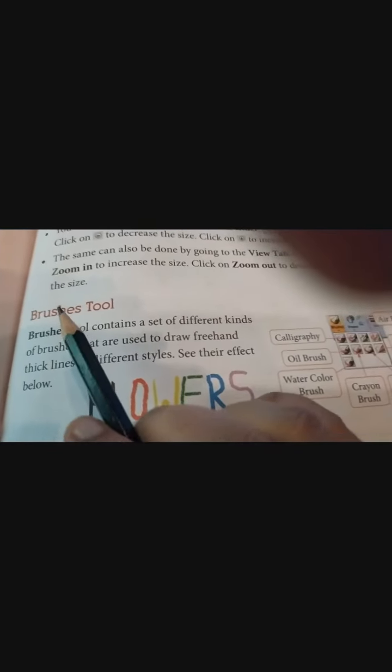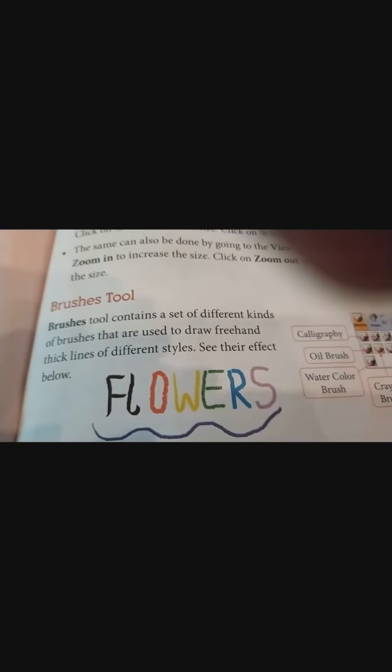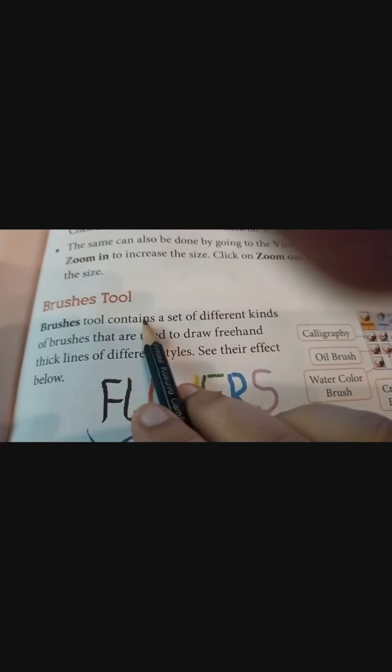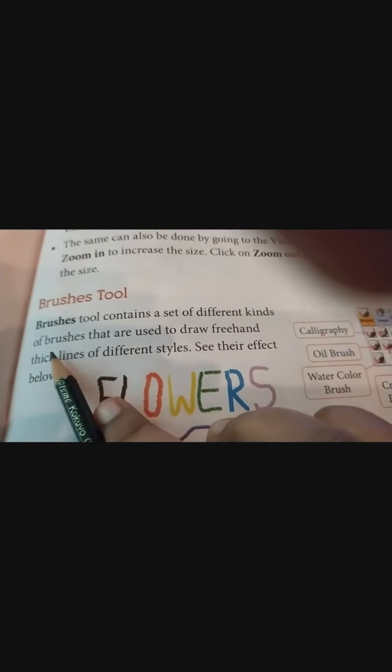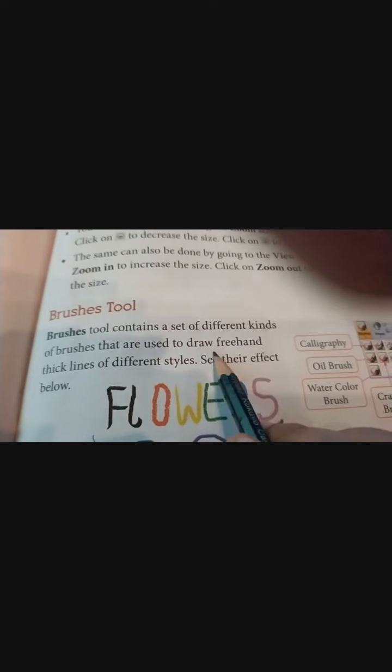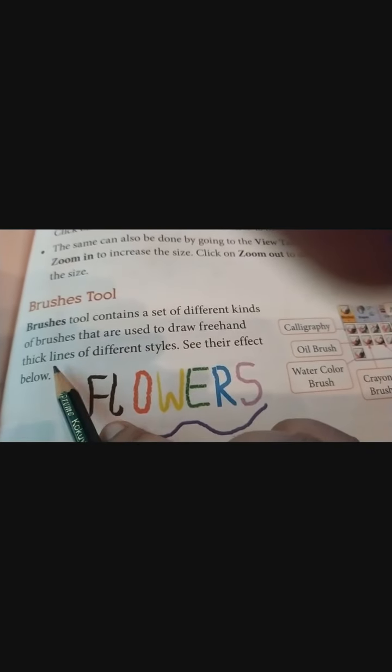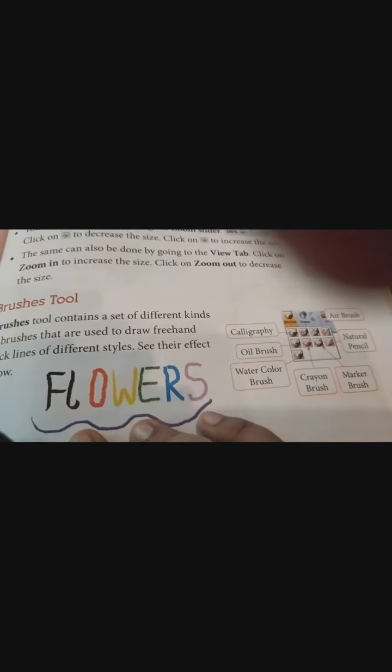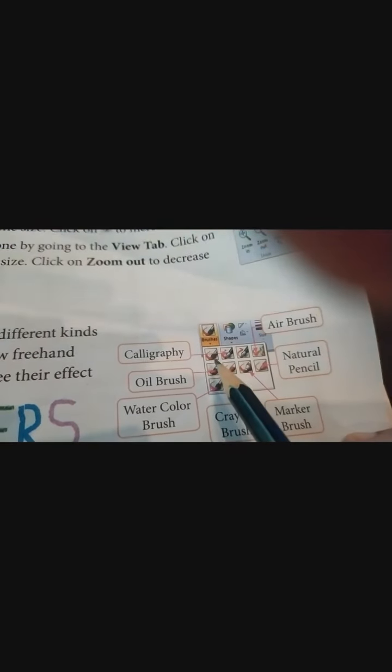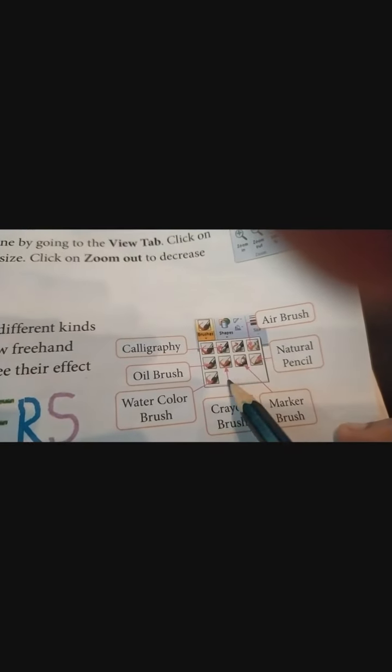Now, brushes tool. Brushes tool contains a set of different kinds of brushes that are used to draw freehand thick lines of different styles. Let us see the different options of the brushes tool. Here, certain options are there.